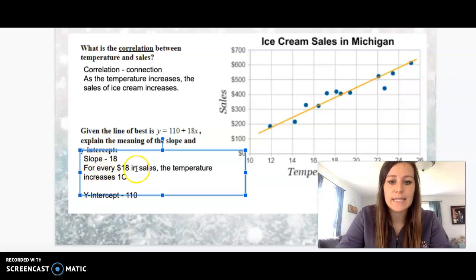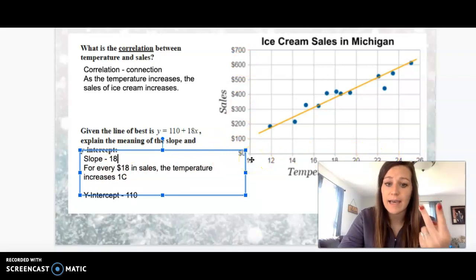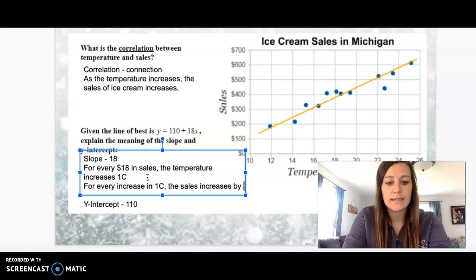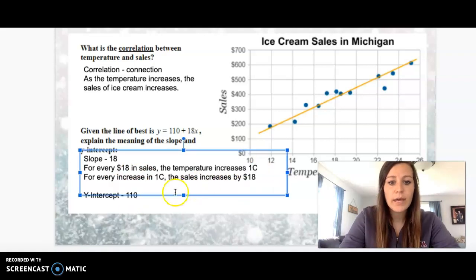So for every $18 in sales, the temperature increases 1 degree Celsius. You could have flipped that as well and written for every increase in 1 degree Celsius, the sales increases by $18. Okay, you could have put that as well. Exact same thing.